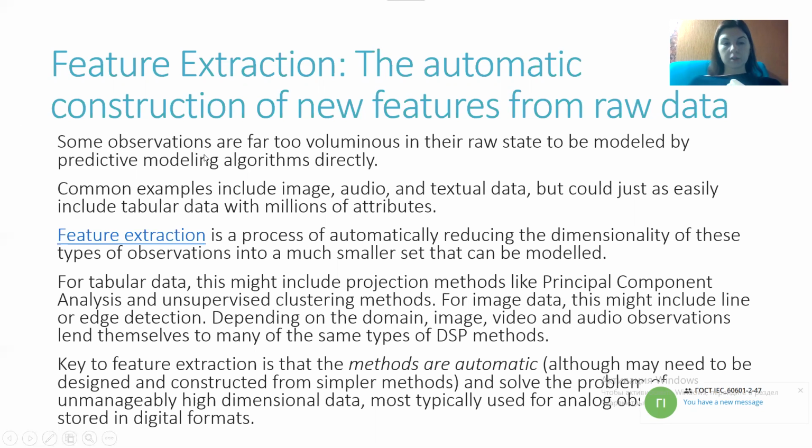Some observations are far too voluminous in their raw state to be modeled by predictive modeling algorithms directly. Common examples include image, audio, and textual data, but could just as easily include tabular data with millions of attributes.